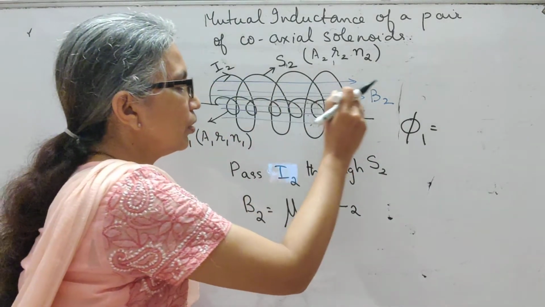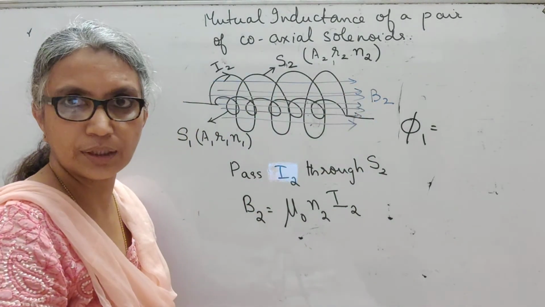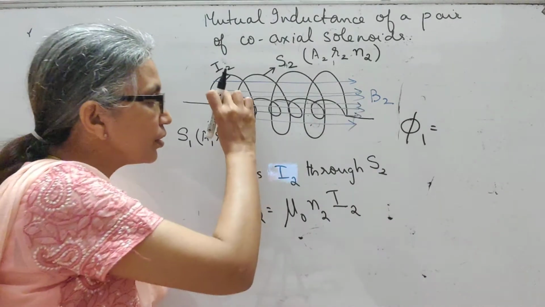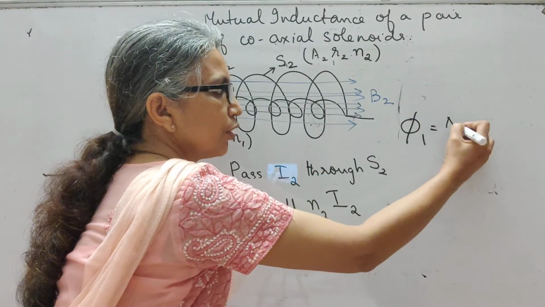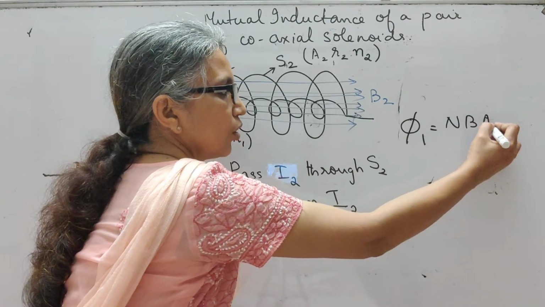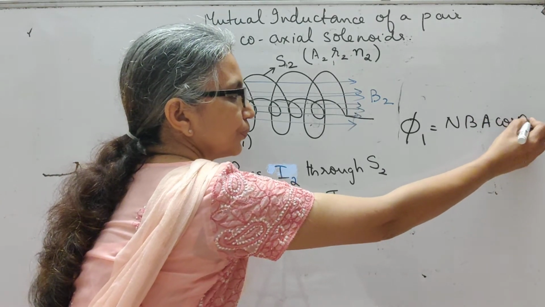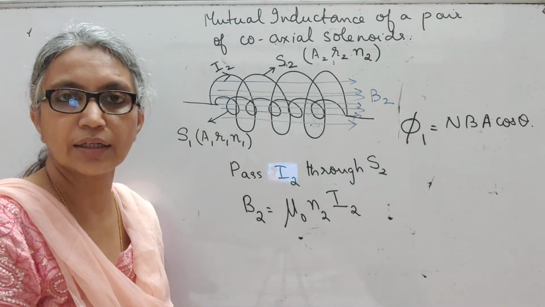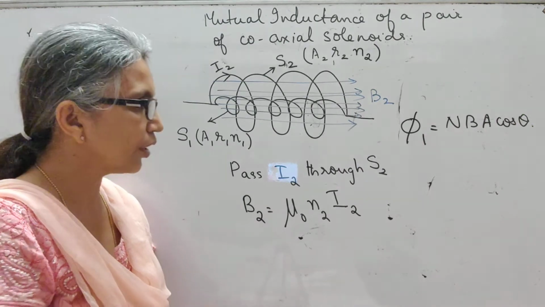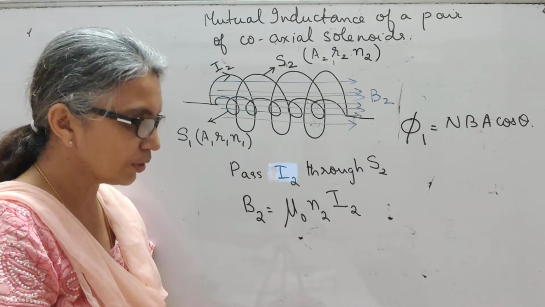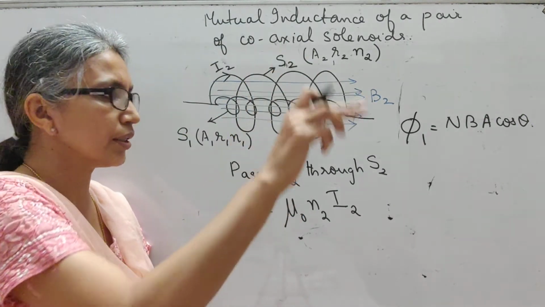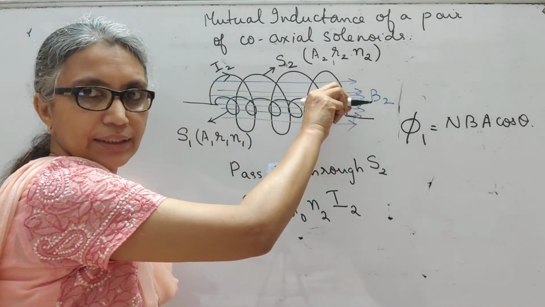So if you are going to write the formula for flux passing through the smaller one, we have the formula as N B A cos theta. Theta, as you know, is the angle between B and A. For any solenoid, if your solenoid is like this, the magnetic field is along the axis.